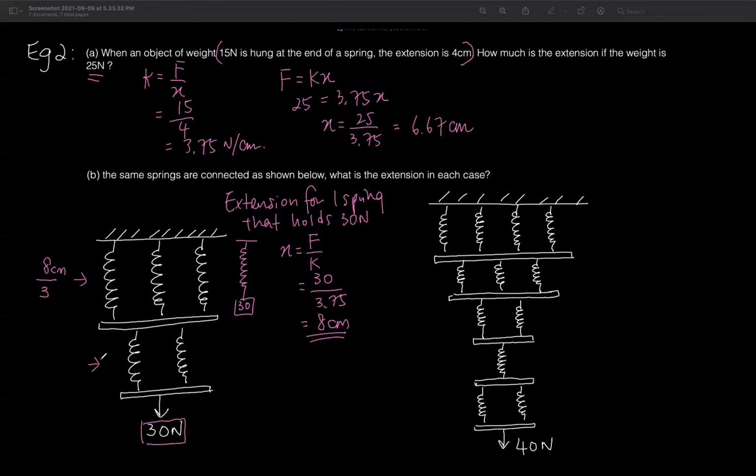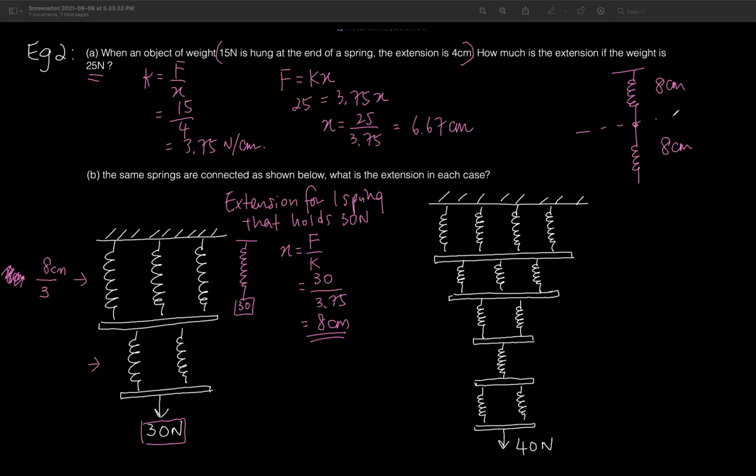Now for the second level, this one is in series with level 1, right? It is under it. So series, the extension is, let me draw it here. If you have a spring like this one in series, if this has an extension of 8 cm, this should be having 8 cm as well.